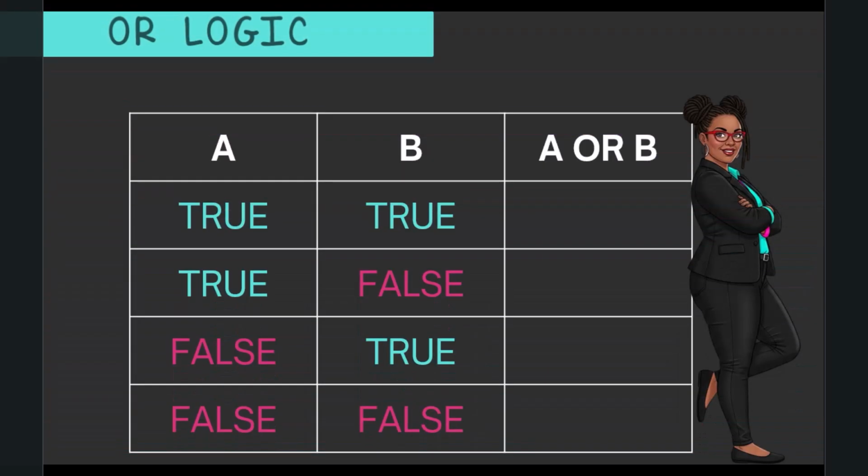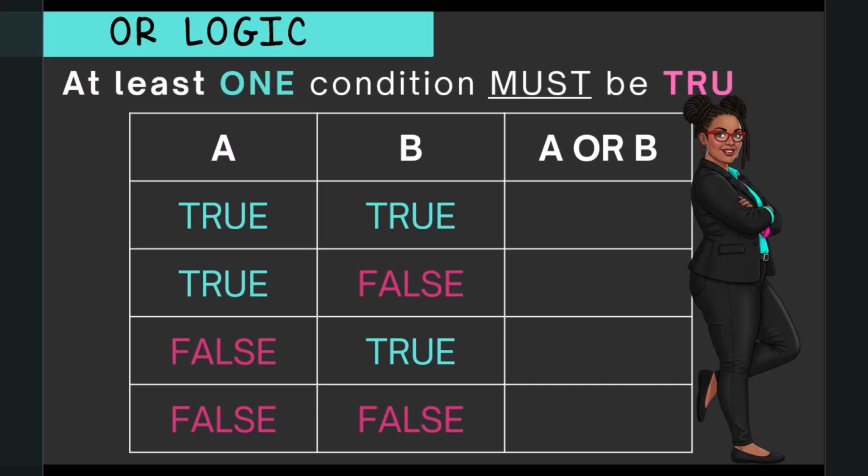Let's analyze the OR logical operator's truth table. For OR, the rule is precise. If any condition is true, the result is true. Look at our conditions A and B. When A is true and B is true, A or B is true. If A is true but B is false, A or B is still true.